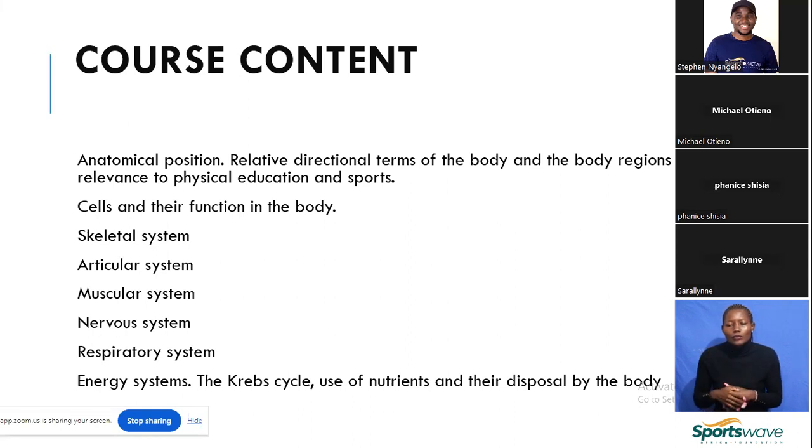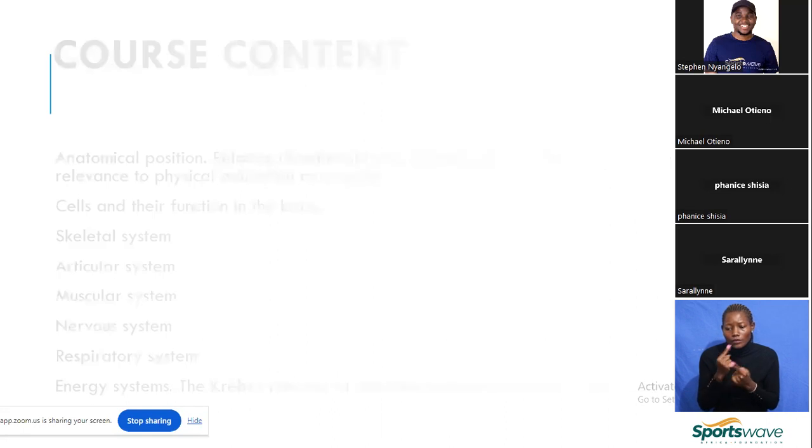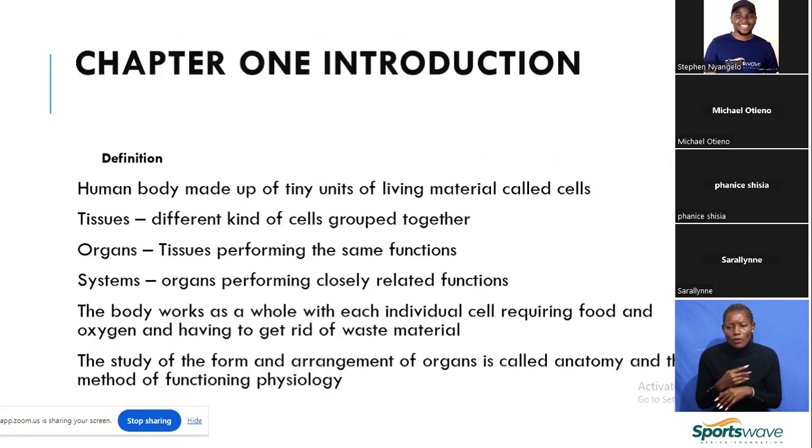So I'll quickly take you through the first bit. Let me just introduce it before we go into the skeletal system. The human body is, first of all, made up of the single unit called the cell, and then groups of cells that are grouped together to form a particular function are called tissues.